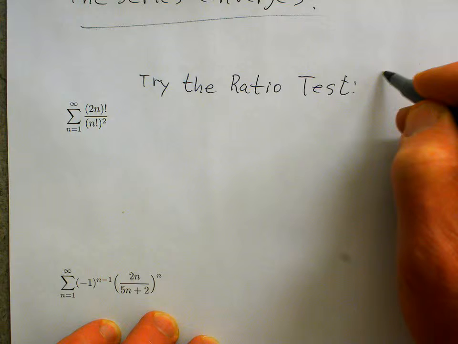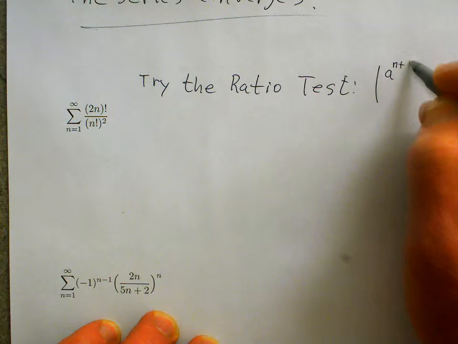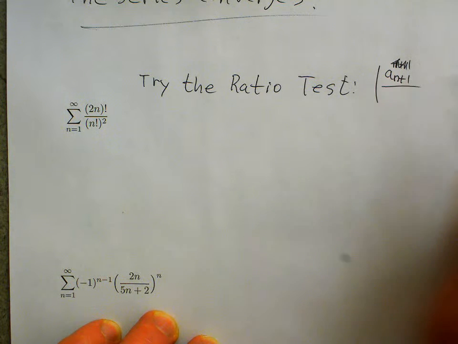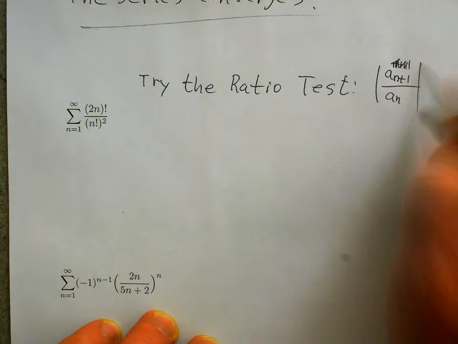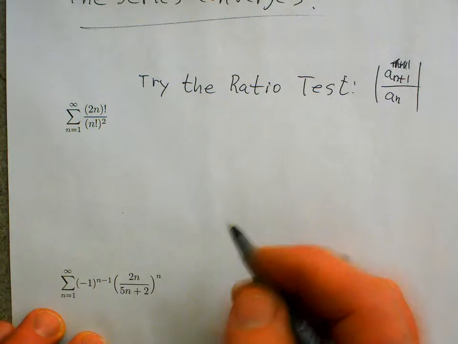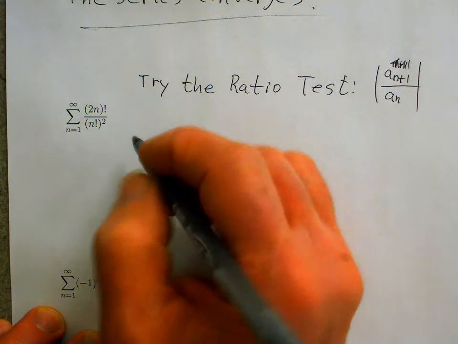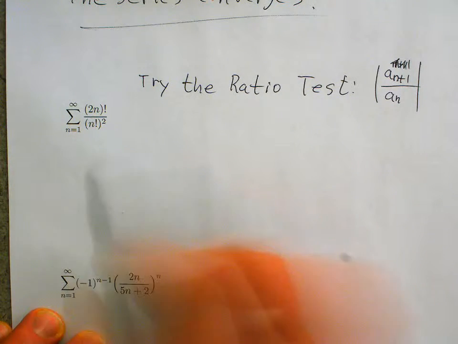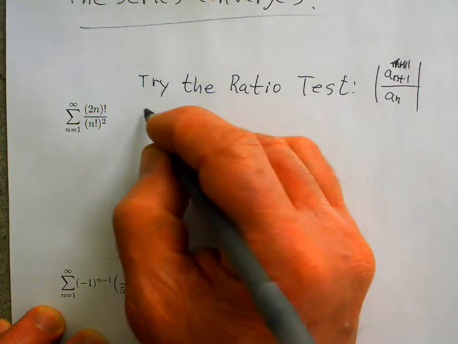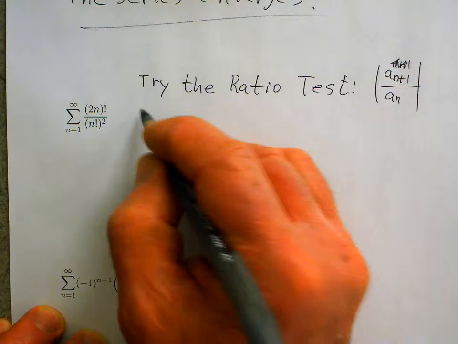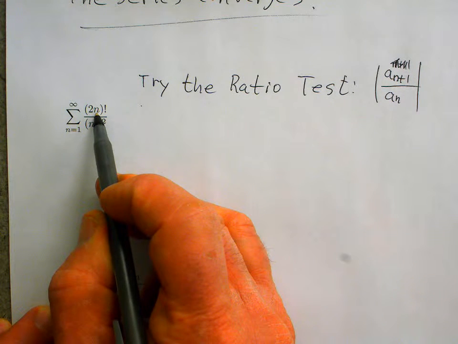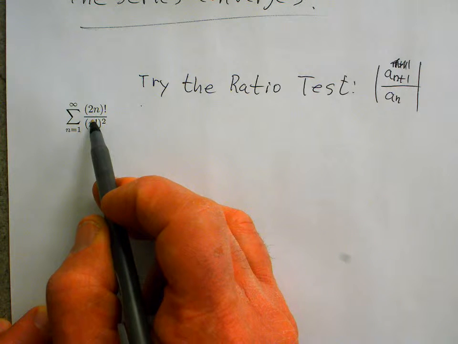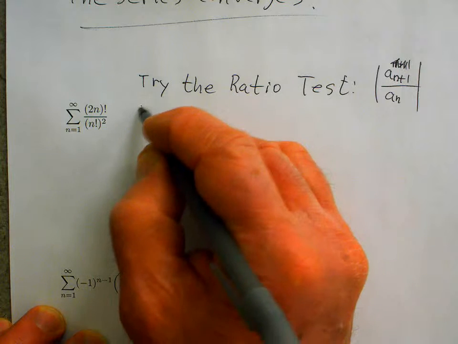So that's a sub n plus 1 divided by a sub n. I'm going to omit the limit notation momentarily. On this one, you have to be a little careful. If I replace n with n plus 1, I get 2n plus 2, because 2 times the quantity n plus 1 is 2n plus 2.